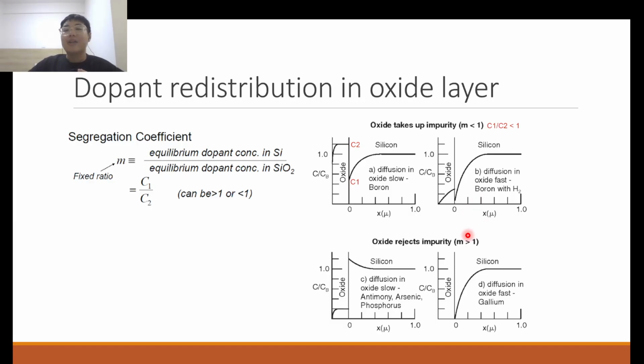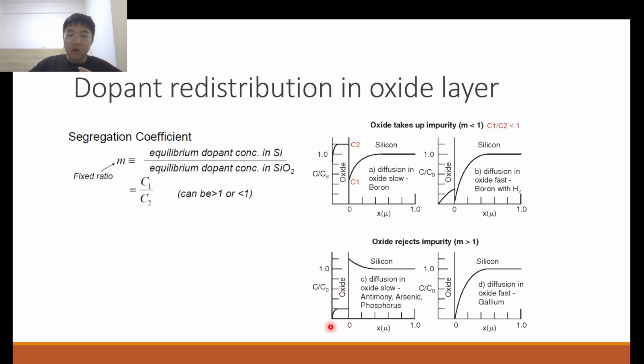In the case where the oxide rejects the impurity, which means m is greater than 1, at equilibrium the dopant concentration in the silicon is greater than the dopant concentration in silicon dioxide. So if the dopants don't diffuse through the oxide very fast, there's not much of an issue.